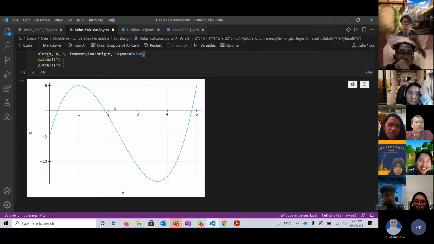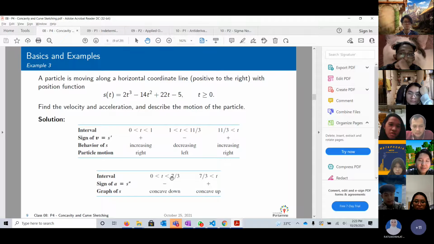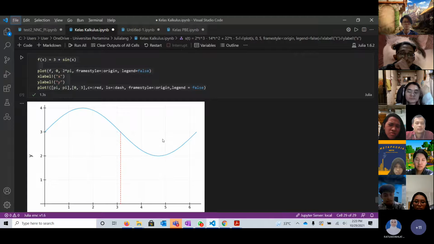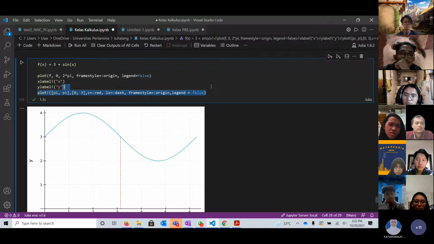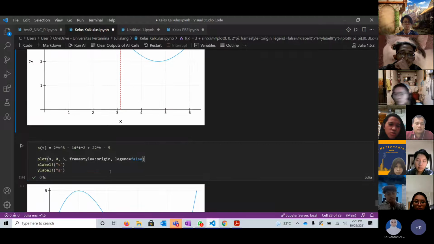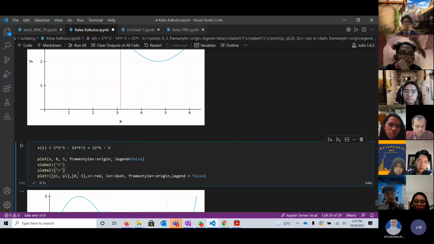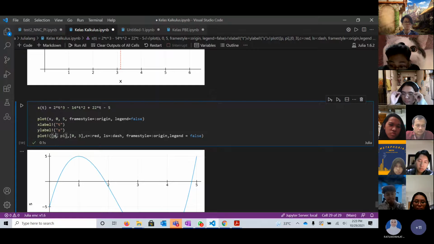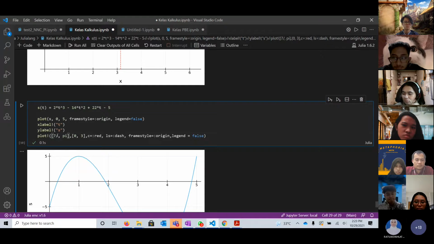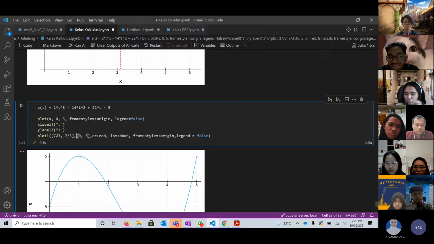And we see here that at 7 over 3, let's plot the point of inflection, and S of 7 over 3.